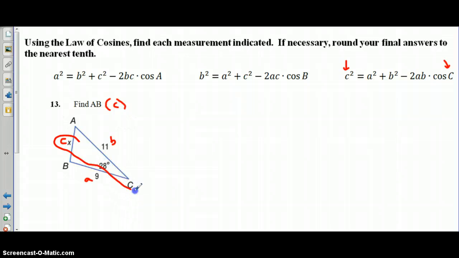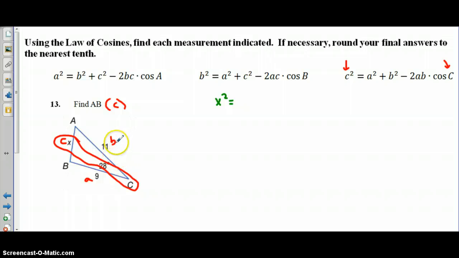And so we have angle C, we don't know little c, and so we're going to use the equation c squared equals a squared plus b squared minus 2ab times the cosine of C. If we substitute in, we have c squared, which is unknown, so I'm going to call that x, because that's represented as x in our diagram. And then that's equal to a squared plus b squared.